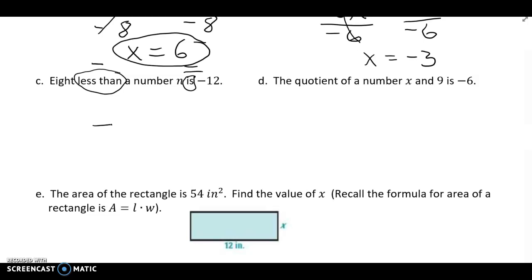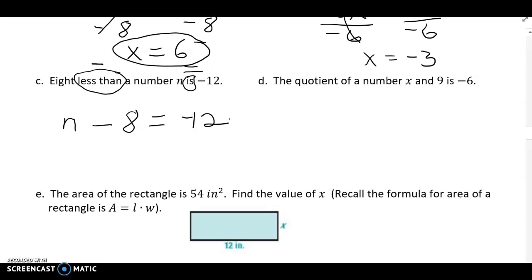Again, recall from Unit 1, if we see the words less than, the order in which we write it is going to be flip-flopped from how we read it. So we're going to write that as n minus 8 equals negative 12. All right, so now we go ahead and solve for n.